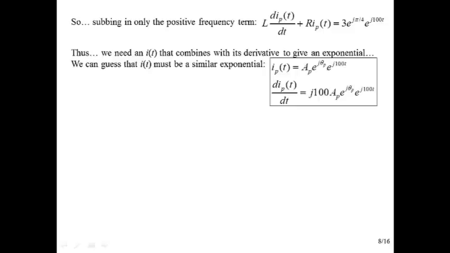Okay, so what we need is an I of t that combines with a weighted version of its derivative to give an exponential. And so we know that exponentials differentiated give back exponentials. So it's really not surprising that we should expect the same kind of exponential function for I as we have for our forcing function.